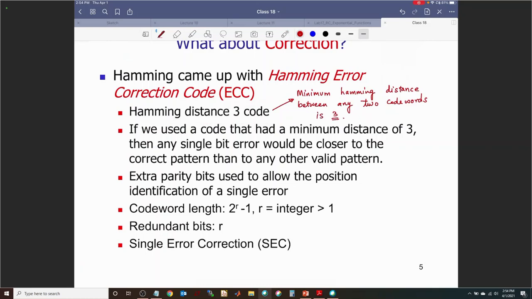That's the minimum. You can have it at 4, you can have it at 5. So 5 things can be different, 6 things can be different, but you cannot go down to 2, right? So that's sort of the property of this code.